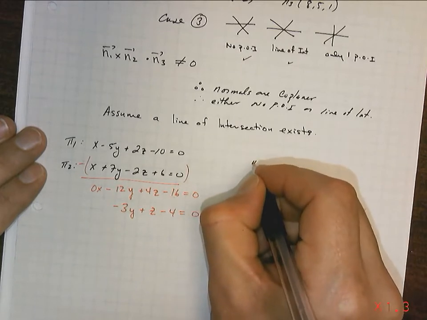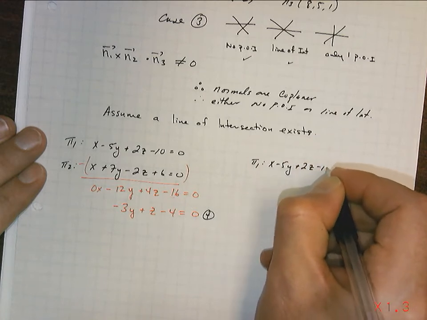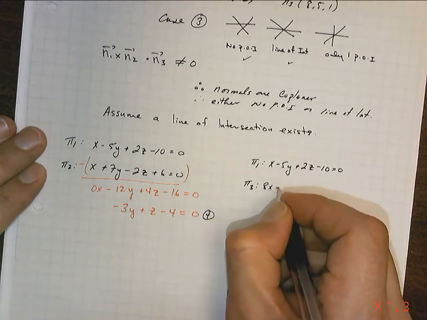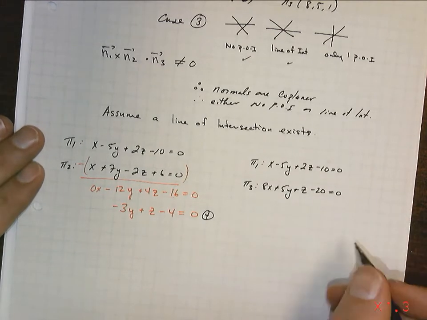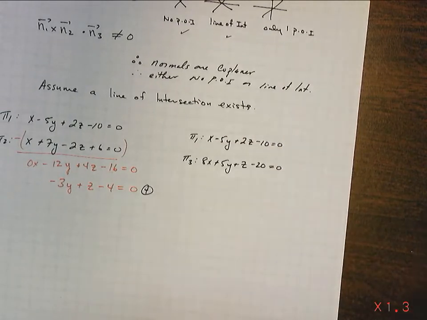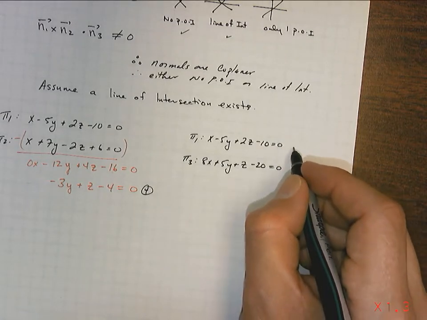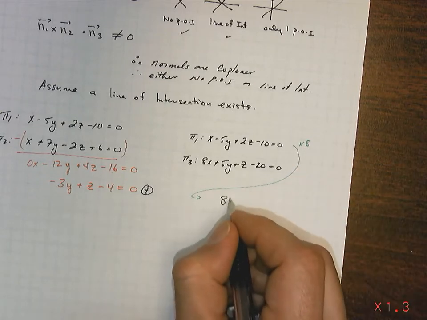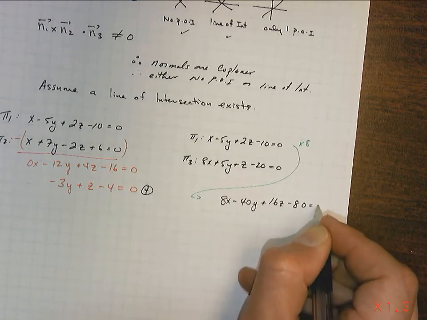Now I'm going to work with plane 1, which is x minus 5y plus 2z minus 10 equals 0. And I'm going to work with plane 3 this time, which is 8x plus 5y plus z minus 20 equals 0. I want to get rid of the x's, so what I need to do is multiply one of them by 8. This one needs to be multiplied by 8. I'm going to run out of room, so I'll bring it down here. So it's going to be 8x minus 40y plus 16z minus 80 equals 0.